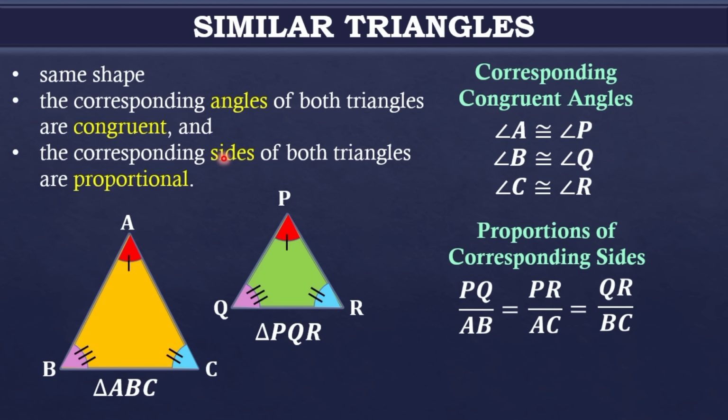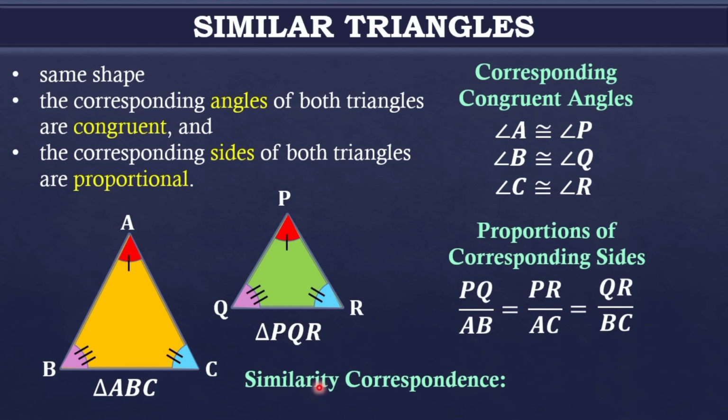The corresponding sides are proportional. Yun po ang pinagkaiba niya sa congruent triangles. Now, given the corresponding congruent angles and proportions of corresponding sides, kapag congruent po ang corresponding angles nila at proportional po ang corresponding sides nila, then we can say that the two triangles are similar.